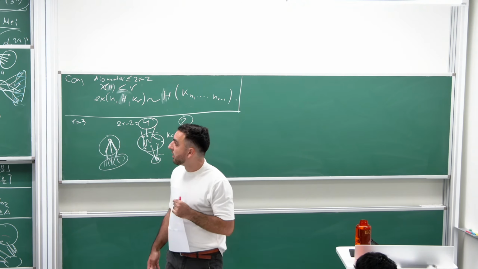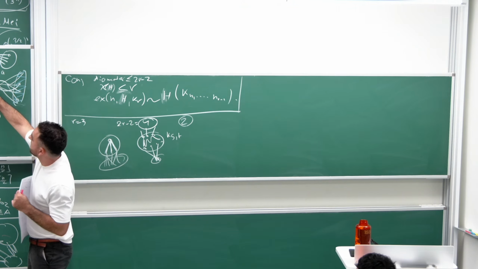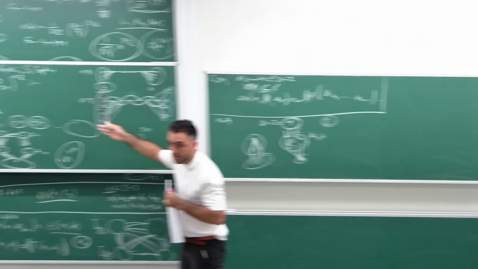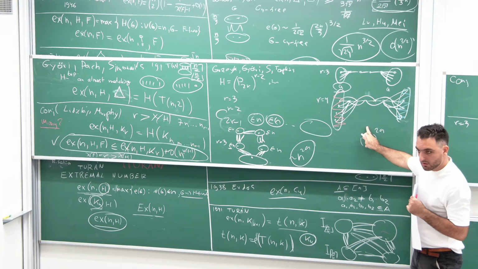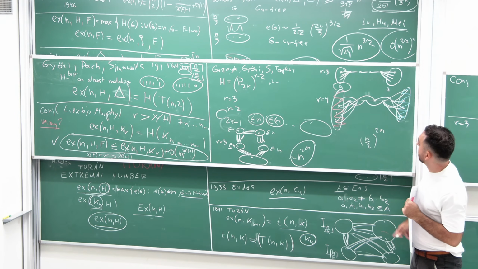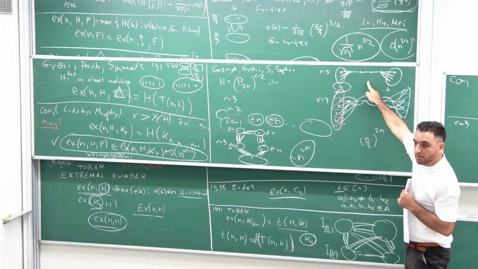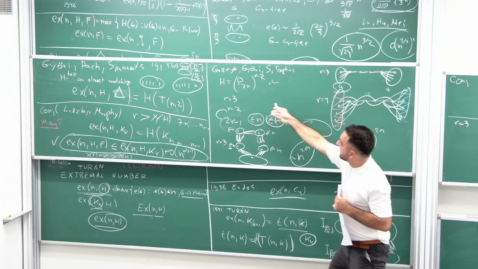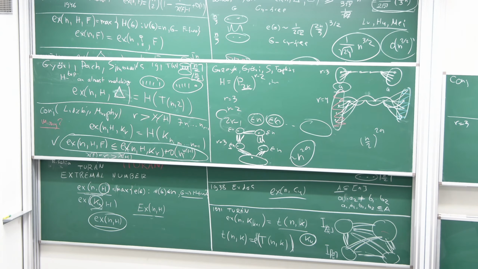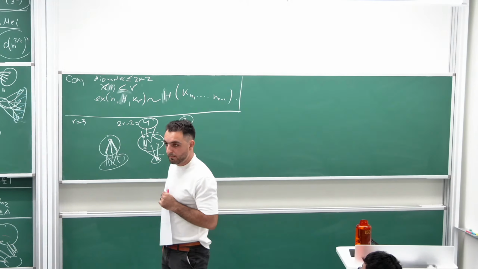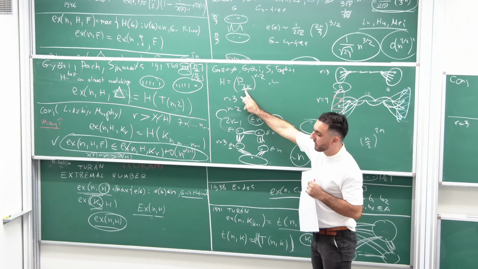Isn't it in that example the diameter less than 2r minus 2? So this is, for example, we just chose the diameter from this construction. So what is the diameter of this graph? 2, 3, 4, 5, 6. So this is 2r minus 1. So these are 2r minus 1 vertices in the path.